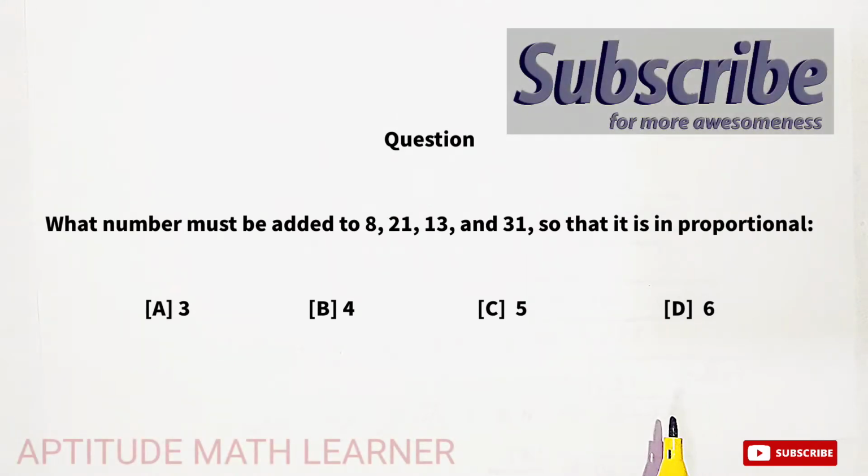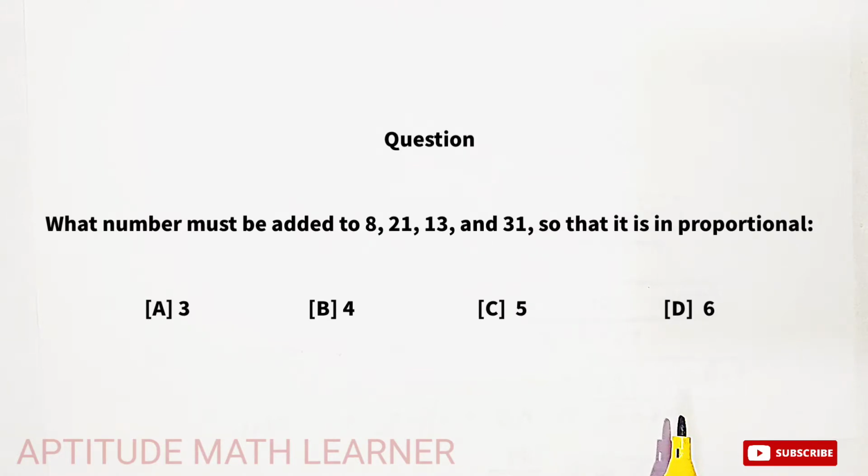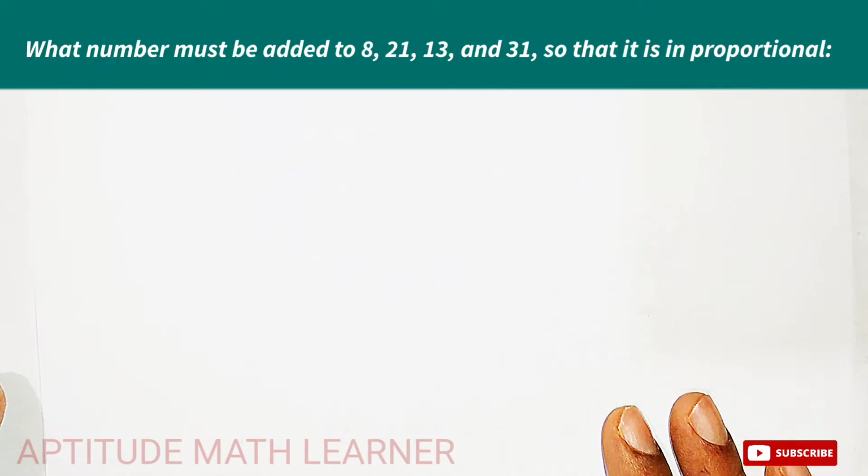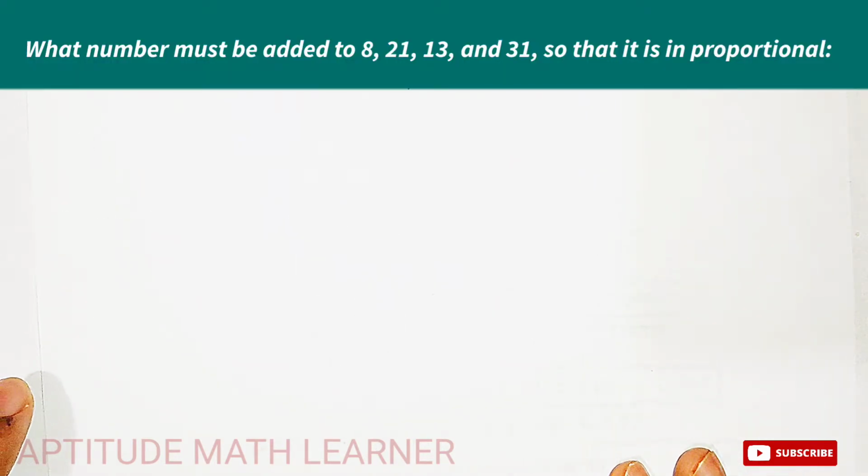Guys, today the question is: what number must be added to 8, 21, 13 and 31 so that they are in proportion? For this, we take the number to be found out as x.